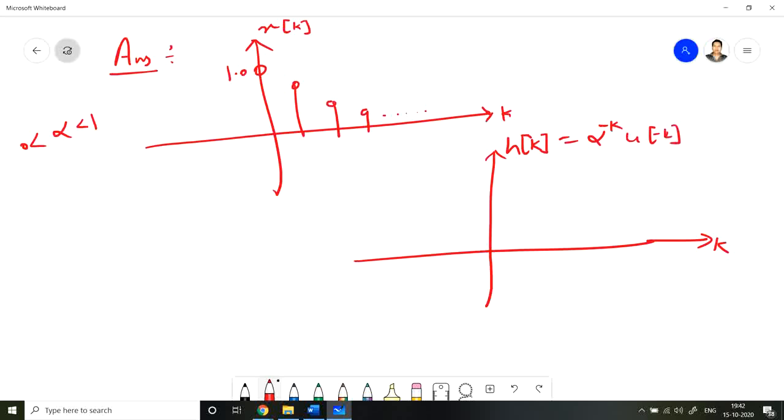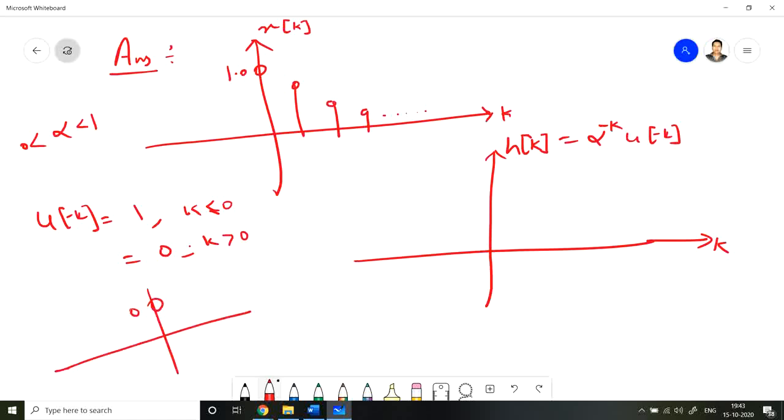So what is u of minus k? u of minus k is equal to 1 for k less than 0, and it is equal to 0 for k greater than 0. So from minus infinity to 0 the value is 1, and for all other values it is equal to 0.